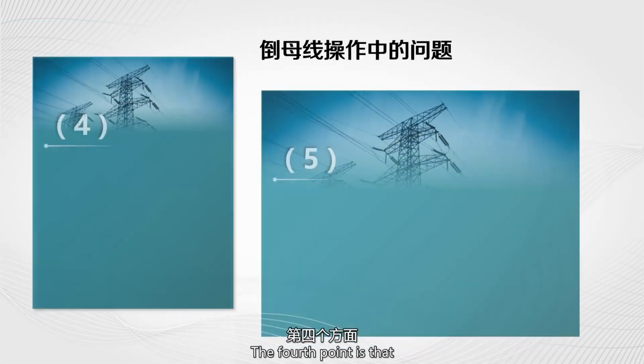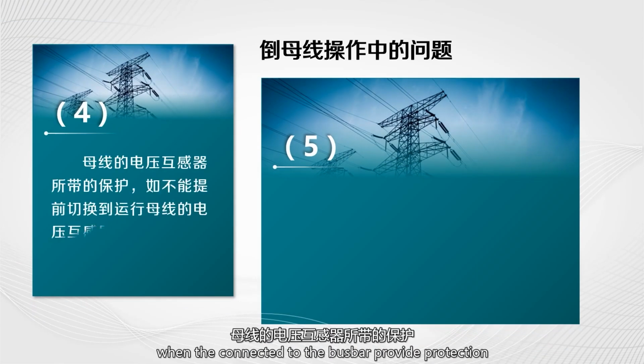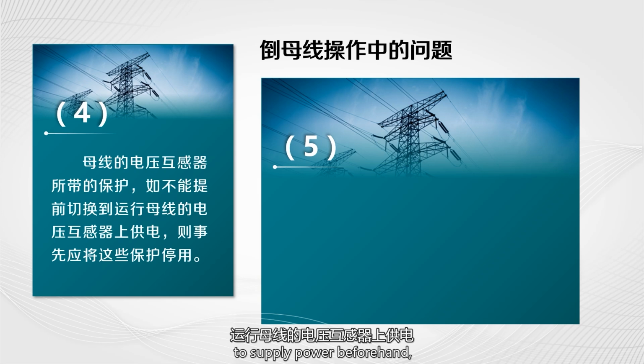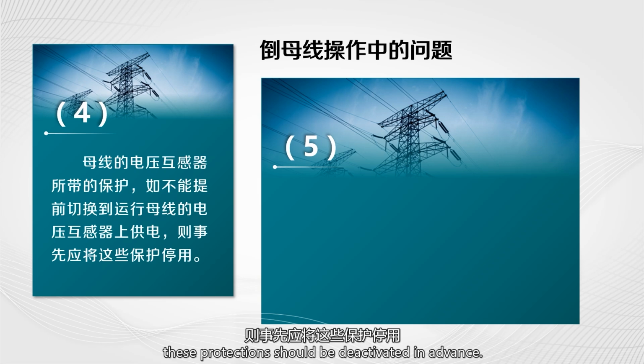The fourth point is that when the protection connected to the busbar cannot be switched to the voltage transformers on the operating busbar to supply power beforehand, these protections should be deactivated in advance.